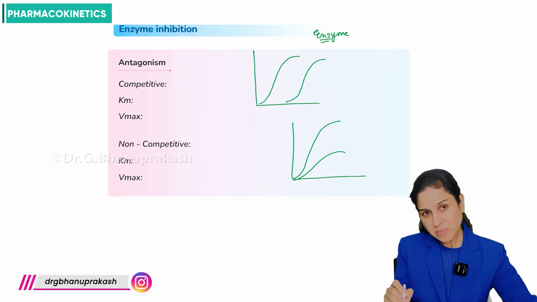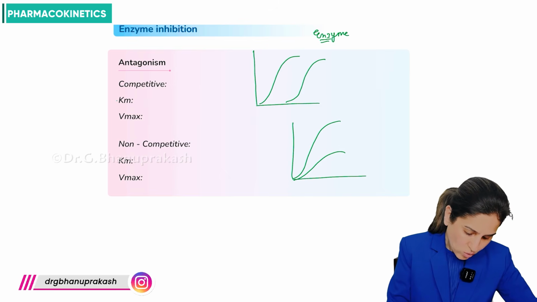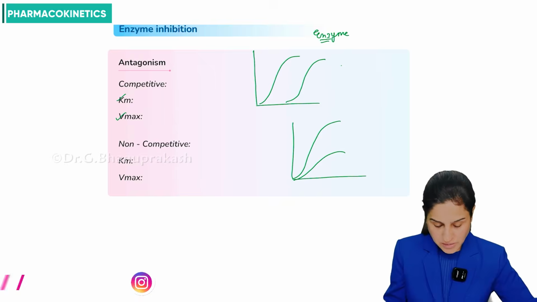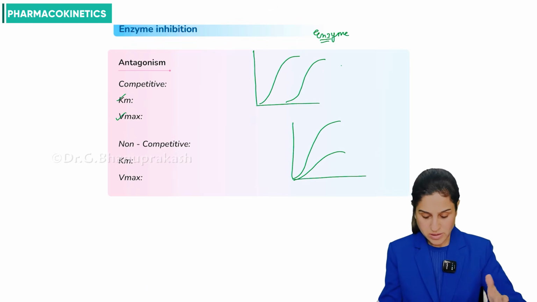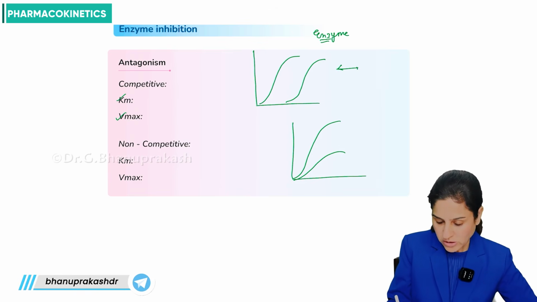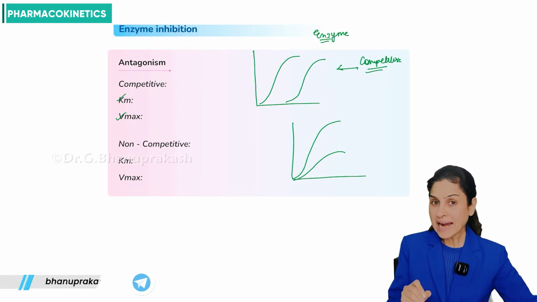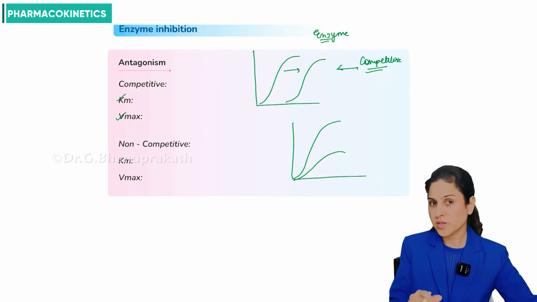In enzyme inhibition, you will be asked to identify the type, or maybe sometimes what the Km and the Vmax are. So let's understand this first. In the case of a competitive antagonism, the graph shows this kind of parallel shift, or shift towards the right.